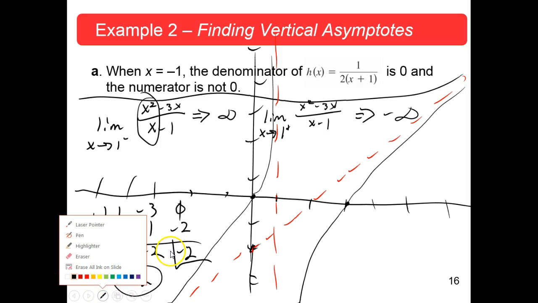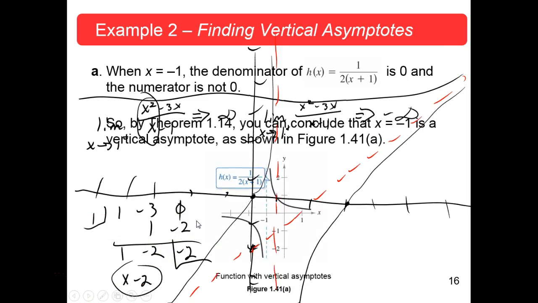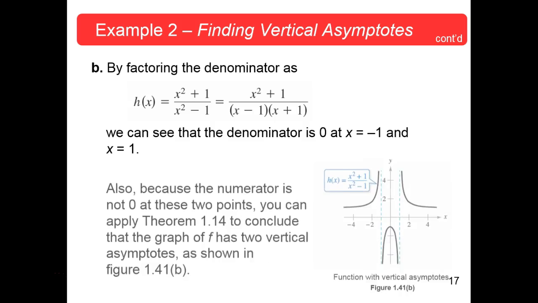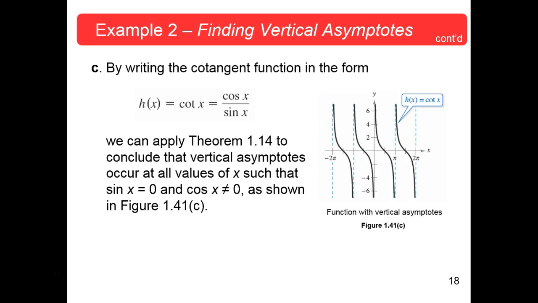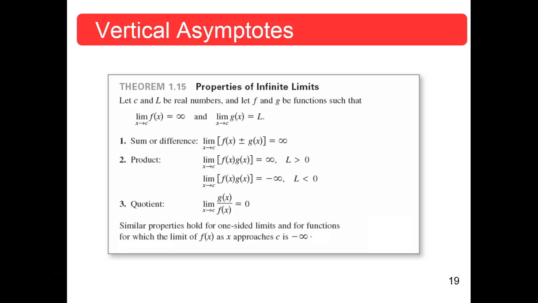So, well, I don't even have to erase this. I can just move on to, now we're ready for vertical asymptotes, theorem 1.15, properties of infinite limits. All right.